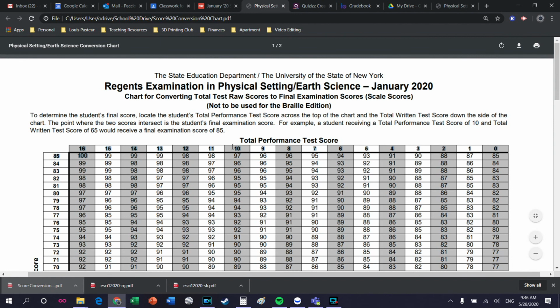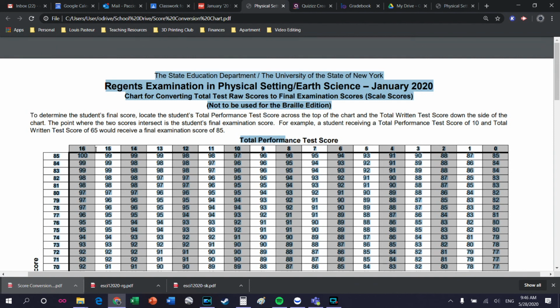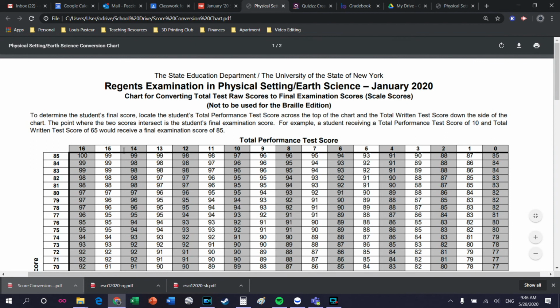Your score is based on a performance test that you did not take, that you will not take because we're not in school and the Regents is canceled. So for all of us, we can just assume that you get somewhere between 16 and 13, maybe 16 and 12. That's typical of what students get.